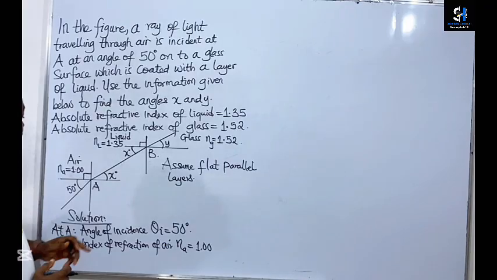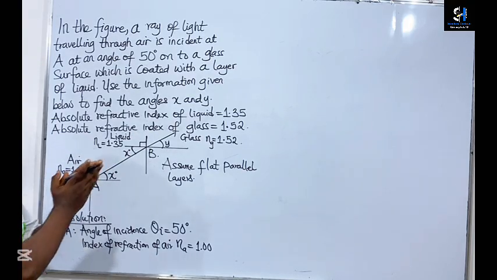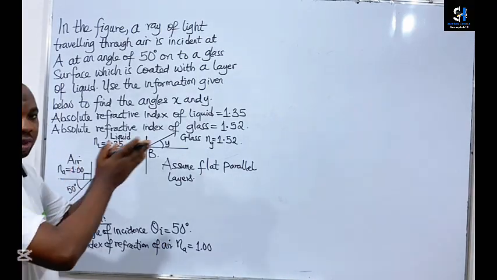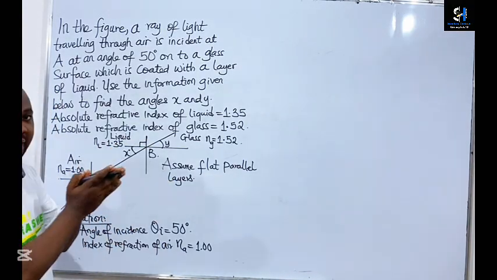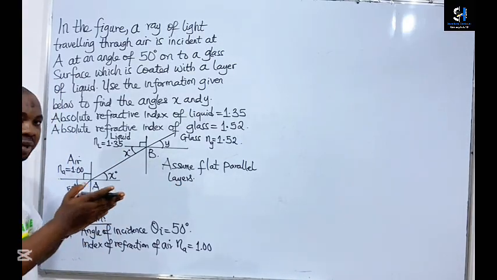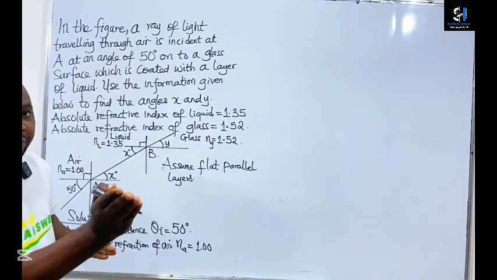Now, as light passes from air into liquid, air is the first medium and liquid is the second medium. When light traveling in air hits the boundary, it bends, and you can see here it bends away from the normal.